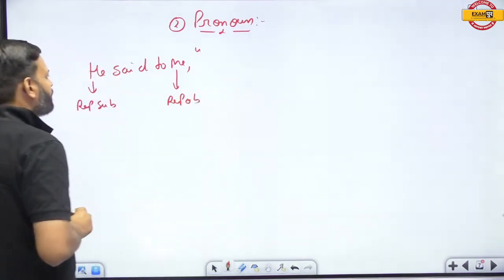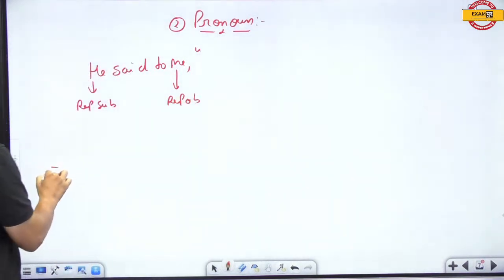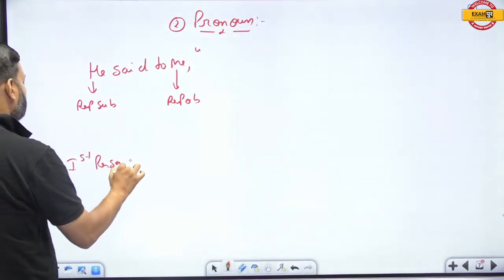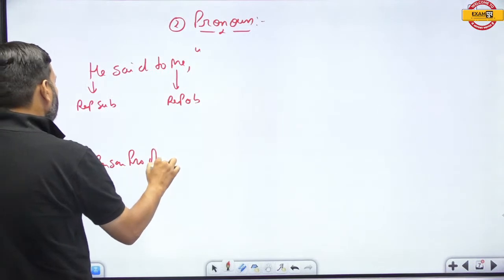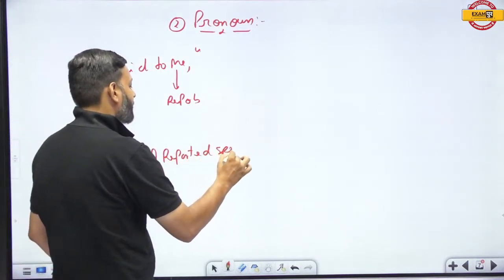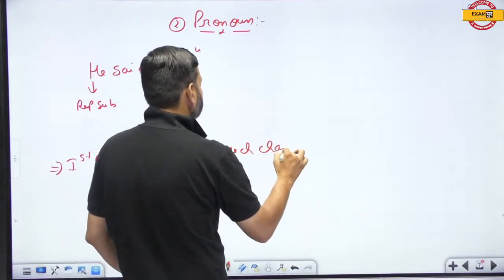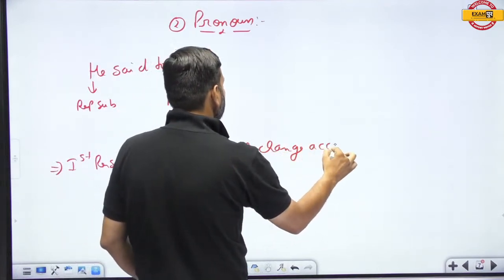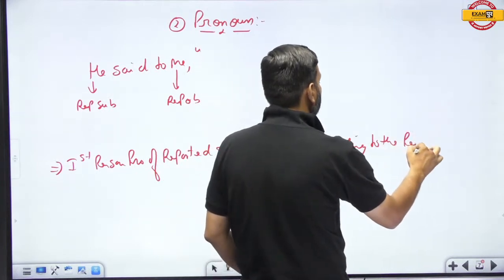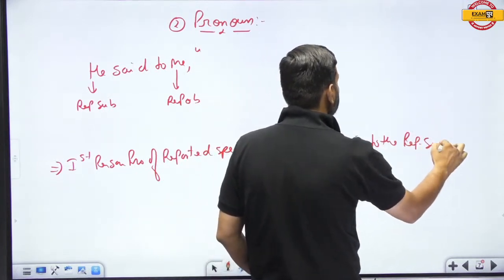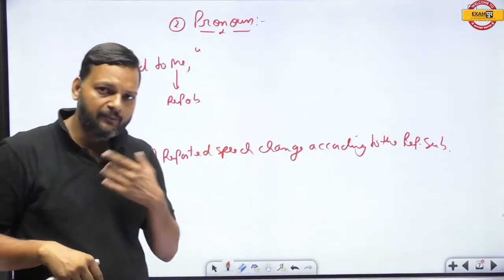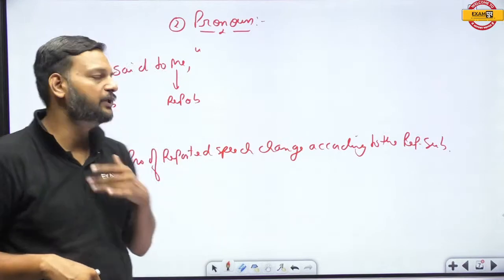Now what you have to do, first person pronouns of reported speech change according to the reporting subject. Okay, so first person pronouns and possessives must be changed according to the reporting subject.